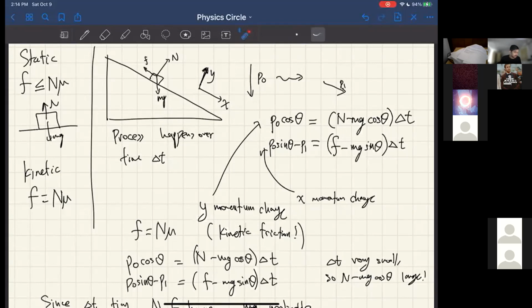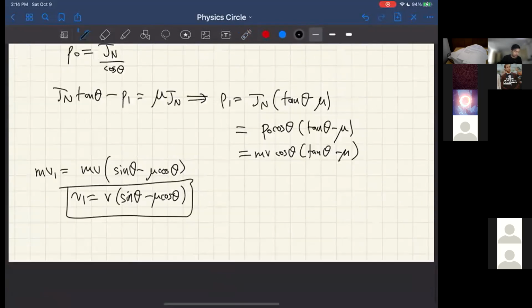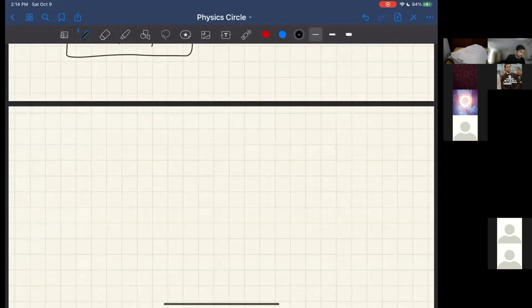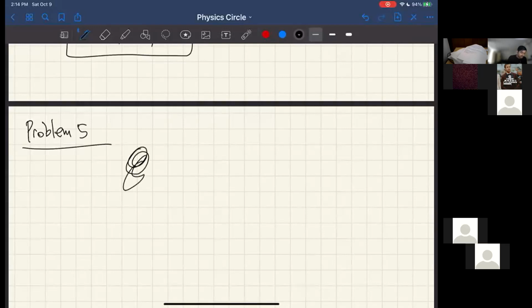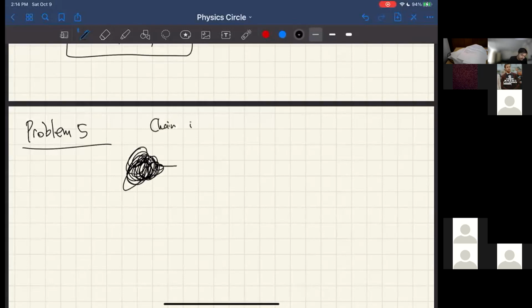Okay, let's finish with one final problem, and then we'll stop for today. This is problem 5. So this problem, what we have is a sort of heap of chain, and I have a little piece of the chain coming out, and the chain has density sigma kilograms per meter.